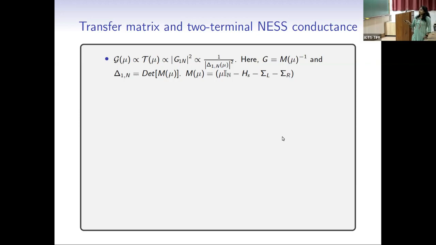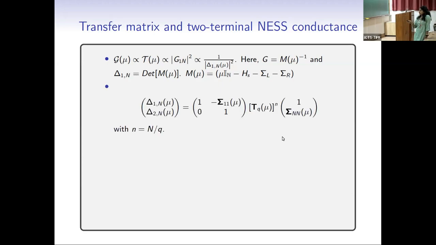This modulus of G1n squared can be written as 1 over delta n squared, where delta n is nothing but the determinant of this matrix. So all the conductance scaling is governed by the determinant of this tridiagonal matrix. The determinant can again be calculated using a transfer matrix approach.